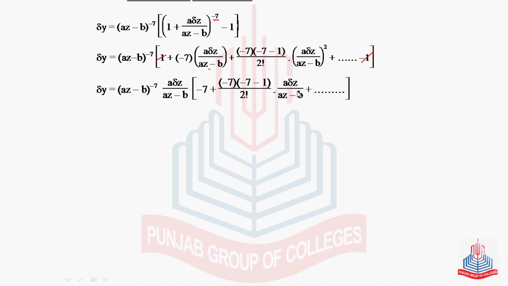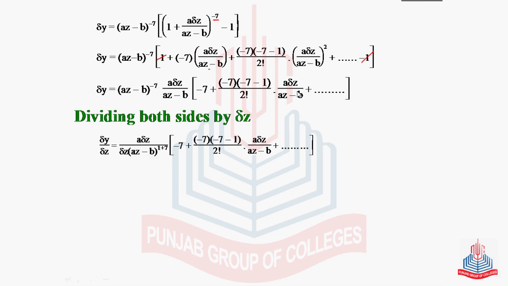Now dividing both sides by delta z, we have delta y by delta z is equal to a delta z over delta z, which is actually division by delta z, and az minus b, by combining powers we have az minus b raised to the power 1 plus 7, and this bracket portion will remain same.